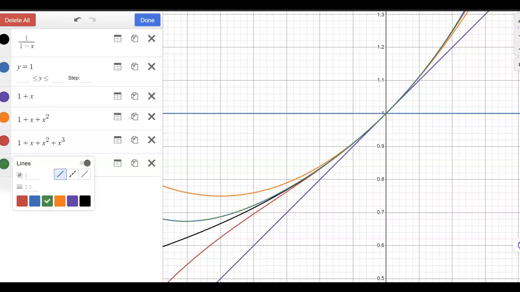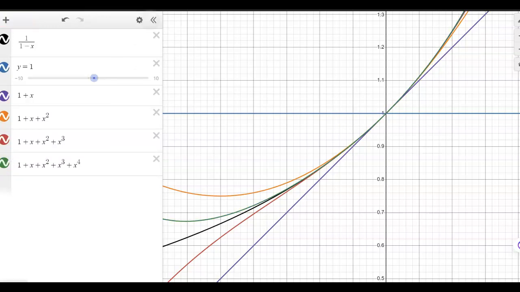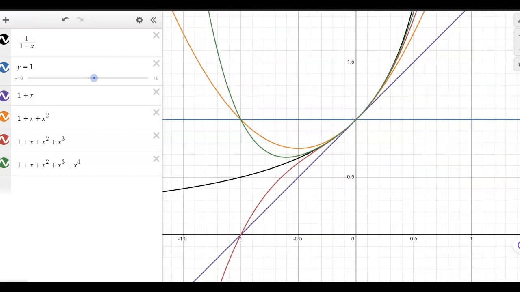Let's make this one green. I want to make sure they're all in different colors. All right. So that green line, you can kind of see right here, stays closer to our original black line a little bit further out than the other lines do.